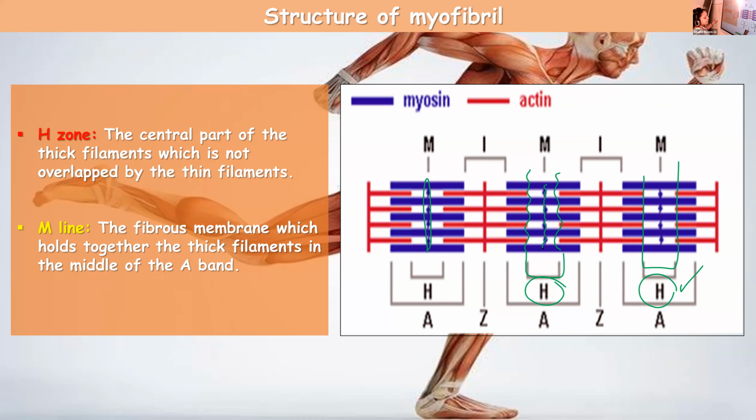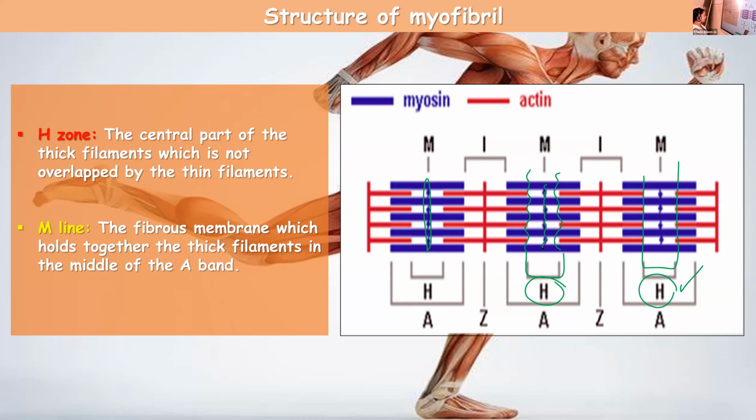Z line is in association with actin filaments. M line is associated with the myosin filaments or A band. Whereas sarcomere is what? Sarcomere is the region between two consecutive Z lines, which is considered to be the functional unit of contraction. And what is edge zone? Edge zone is a region which is not overlapped by actin filaments.